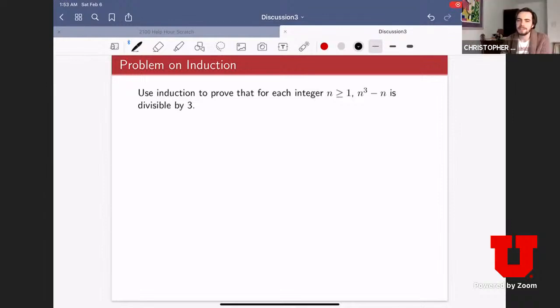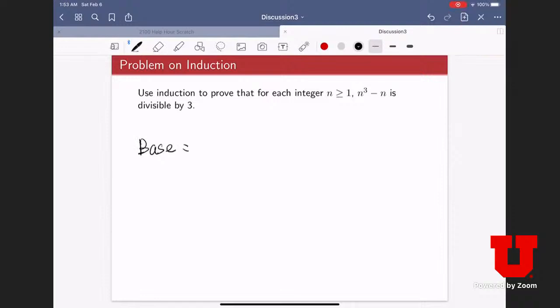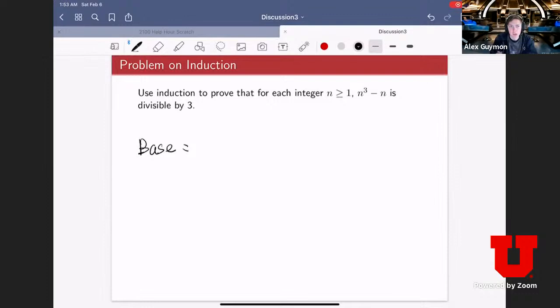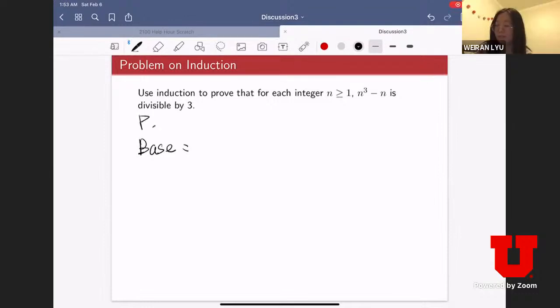I guess I'll just go again. One is prove the base case. Okay, but you start by declaring what your predicate is. Yeah, so basically the problem statement. Just restate what you're gonna prove. And then you're gonna show your base case.